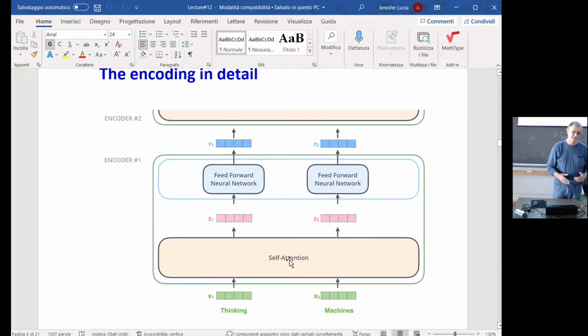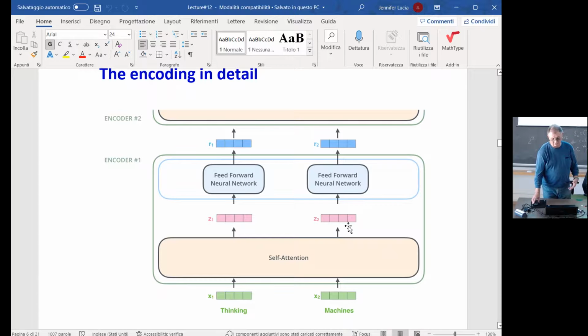Then the self-attention should give us the coefficient of importance of these words and produce output Z1, Z2, two vectors of the same dimensionality.